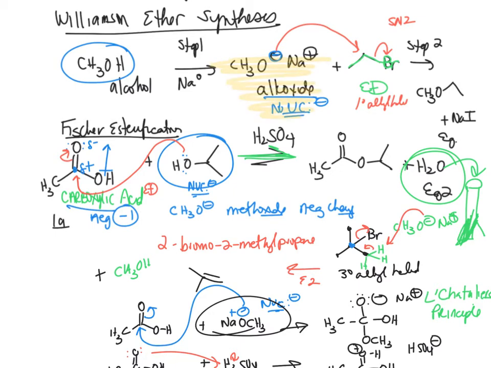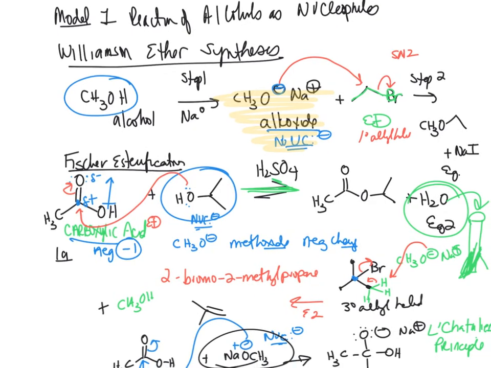An alkoxide in the Williamson ether synthesis. And then in the Fischer esterification, the role is the nucleophile as well. And the sulfuric acid just activates that carboxylic acid and makes it more electrophilic. All right, let's go on to Model 2.